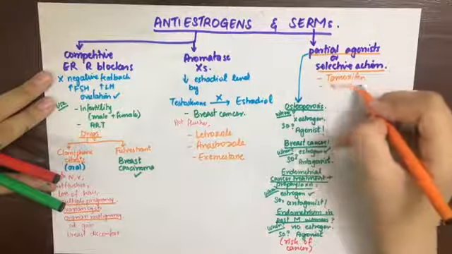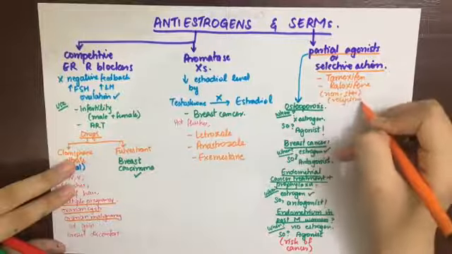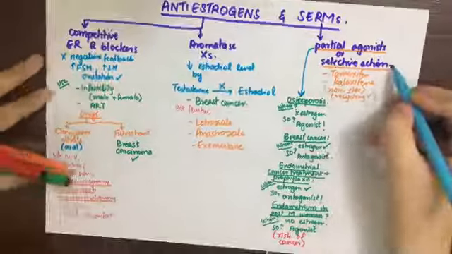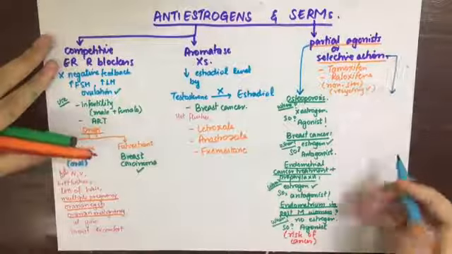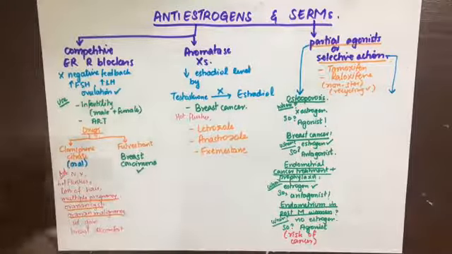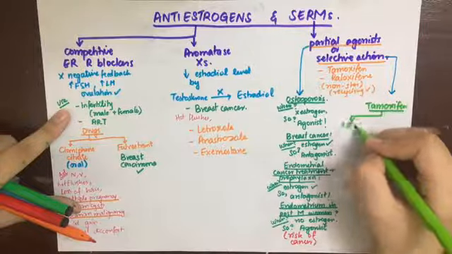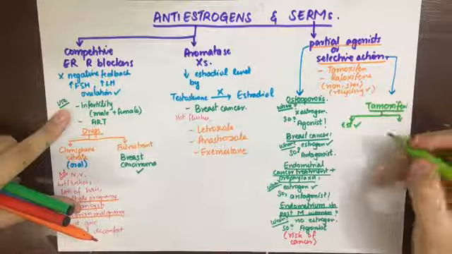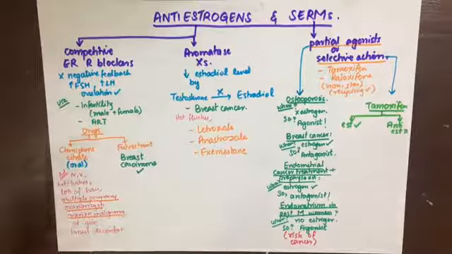Tamoxifen is a non-steroidal drug and undergoes enterohepatic recycling. Now, another way to understand these selective estrogen receptor modulators is simply by remembering their selective action. For example, tamoxifen has estrogenic actions on some tissues and anti-estrogenic actions on others. The estrogenic actions on the endometrium include endometrial proliferation.